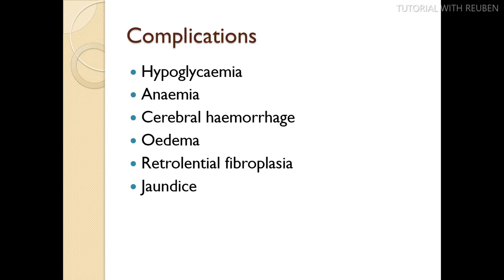Anemia is another complication. This anemia is due to low iron stores as a result of short intrauterine period. So you're looking at the capillaries because these capillaries are weak and therefore there is tendency to bleeding, which may lead to anemia. Okay, another complication is cerebral hemorrhage.